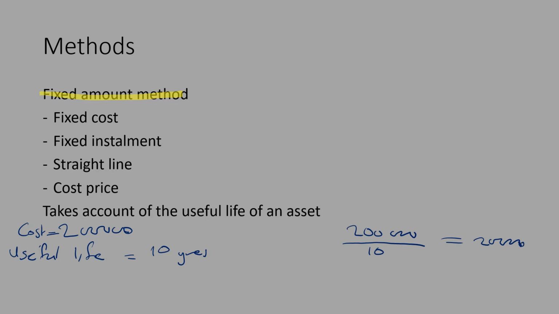So we can deduce the rate of depreciation from there. We're going to say 20,000 over 200,000 times 100 over 1.